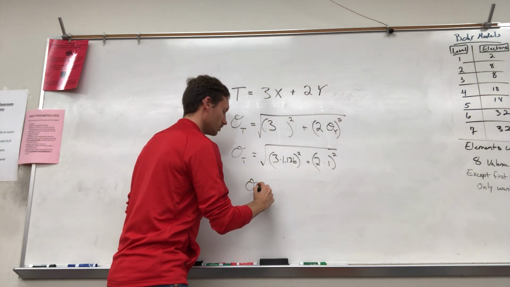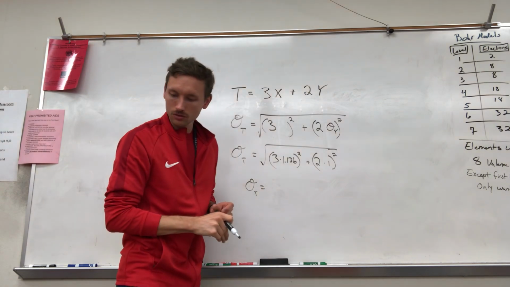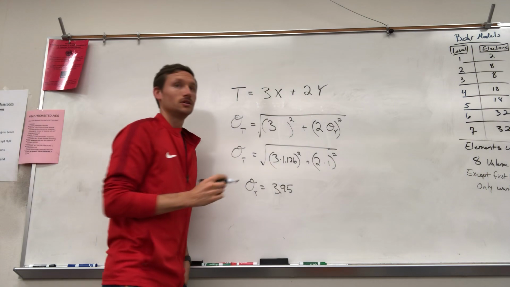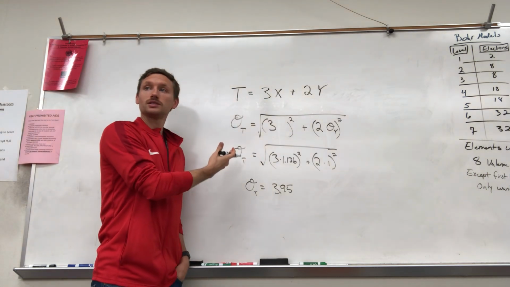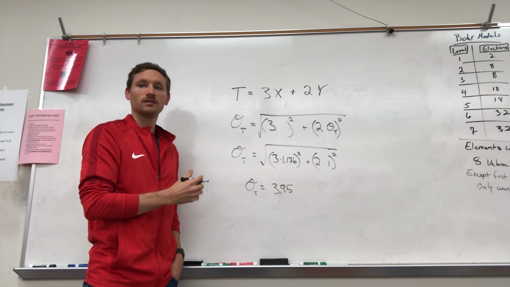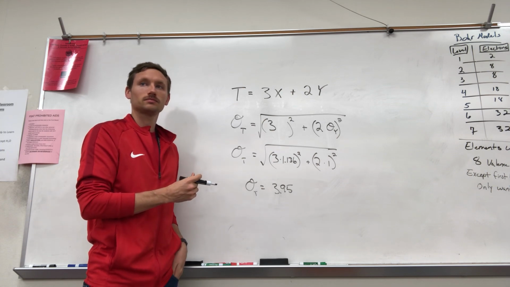And so if you crunch that out, it'll give you 3.95. So the mean of the total points is 8.3. The standard deviation is 3.95. With me on that? Yep.